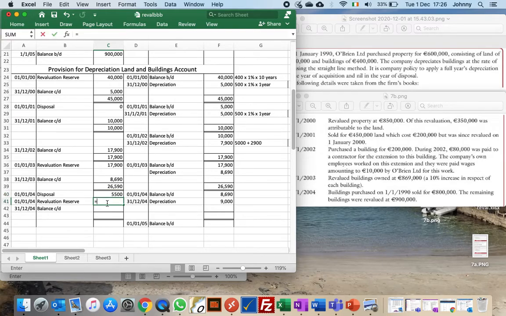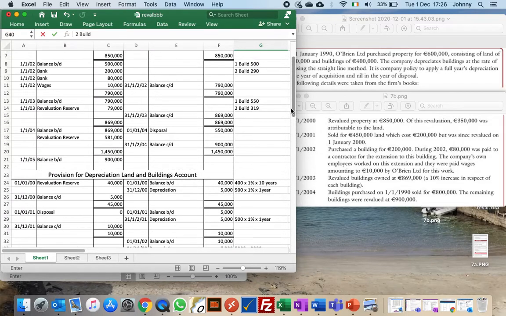So when I had the original balance of 869, take away the 550, the 3190 is the depreciation on the building that's left. All I have left now, remember, is building number 2, which, going back up to the notes I've put up here, was originally worth 319.